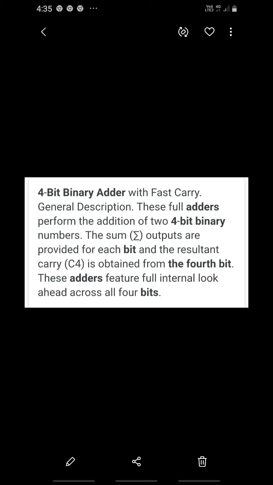So this is about the 4-bit parallel adder using the full adder circuit.